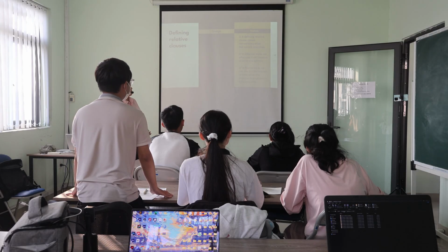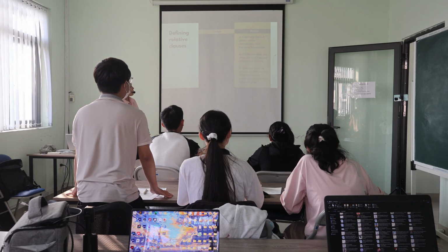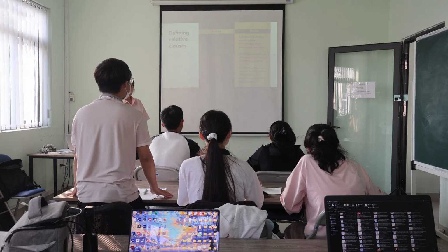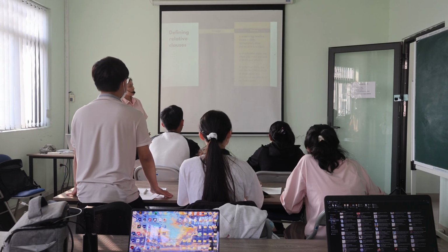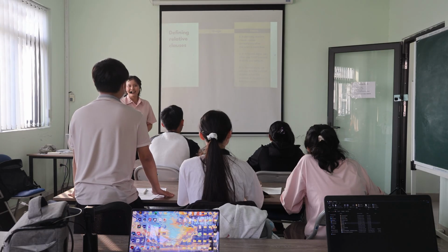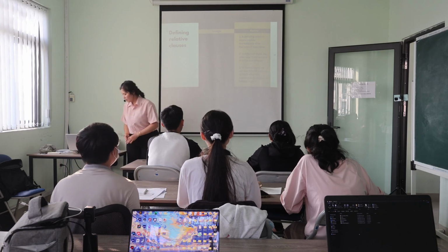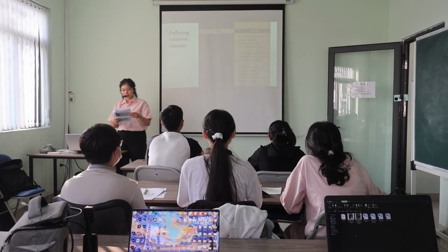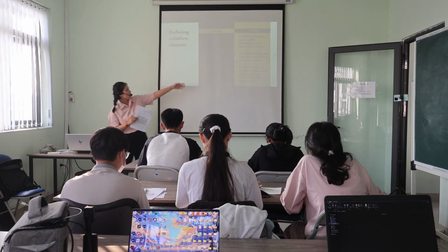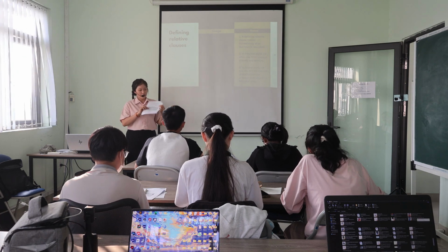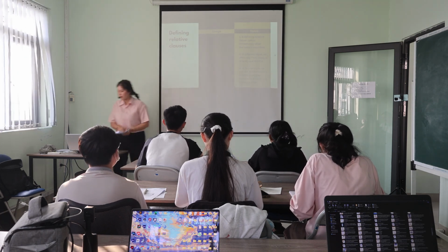Three, in formal style, we can use whom instead of who when the pronoun is an object or follows a preposition. Very good. Thank you. Look at the Learn This box. We have some examples to illustrate the notes. You can read the examples in this.